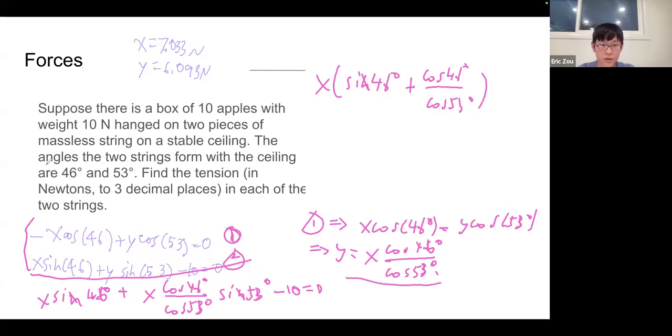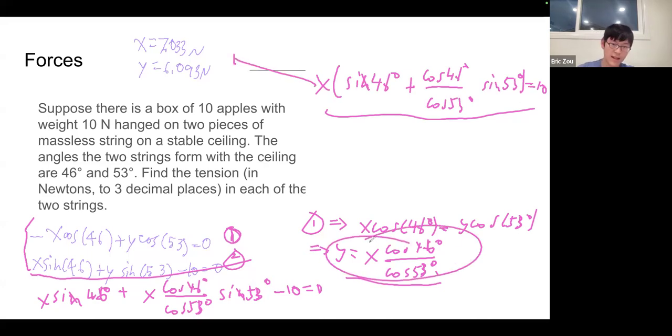Oh, it's not over yet. This is 10. And you can throw that thing in your calculator. You get x is this number over here. And after that, you plug it into this equation 1, and you get y is whatever this thing is. So yeah, that's how you do it with a calculator.